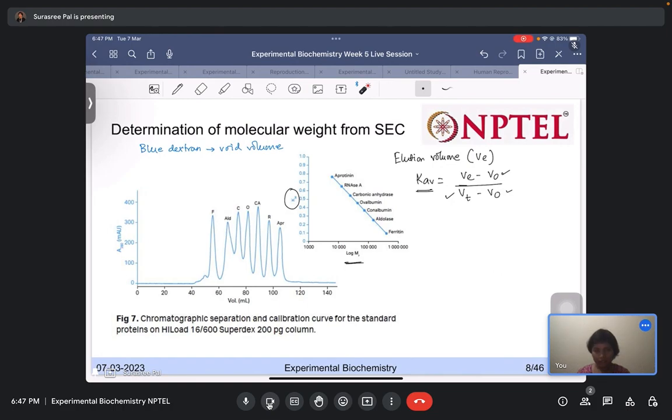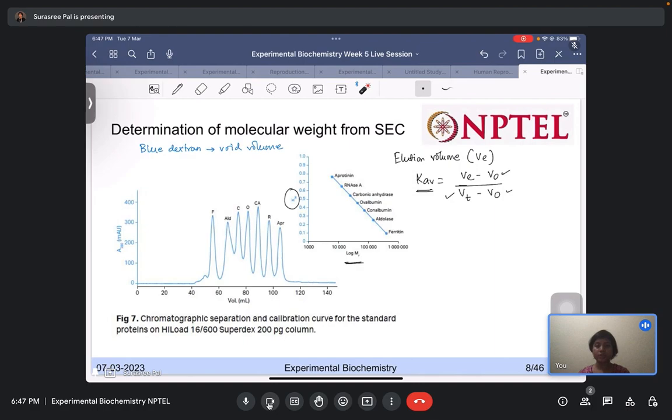Now if we are purifying an unknown protein in this size exclusion column, then when the protein comes out, we note down the elution volume and plot it on this standard curve, and by that we can determine the log of molecular weight.